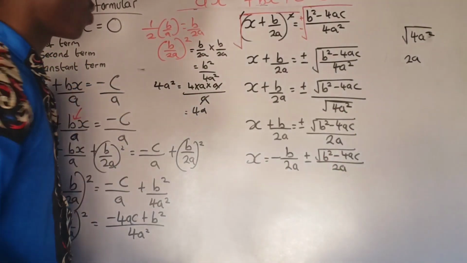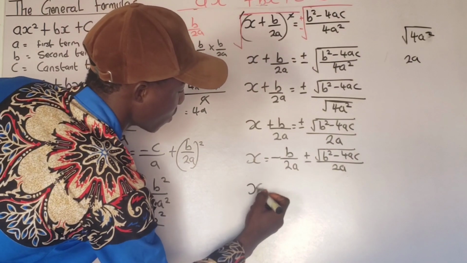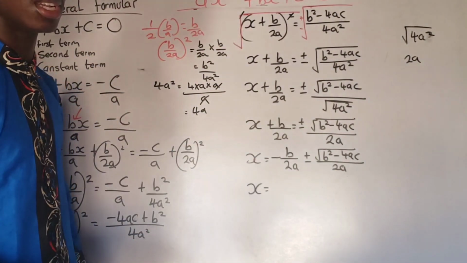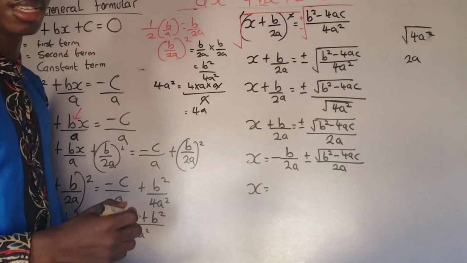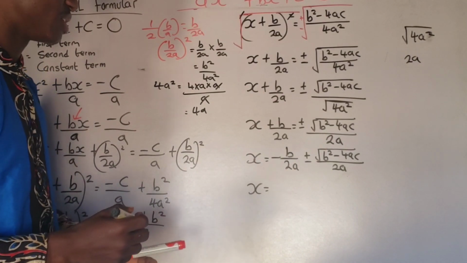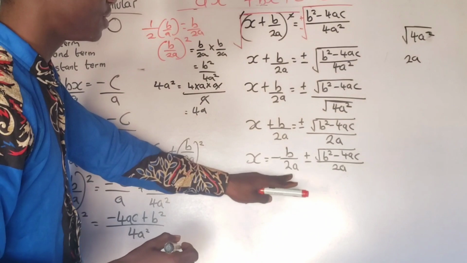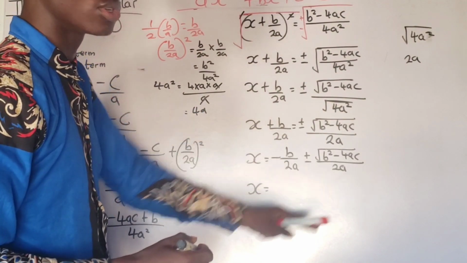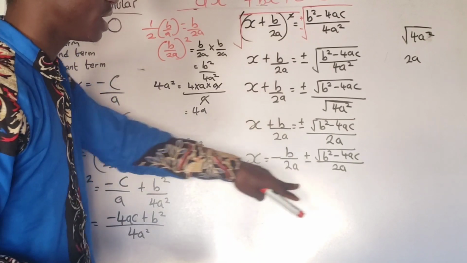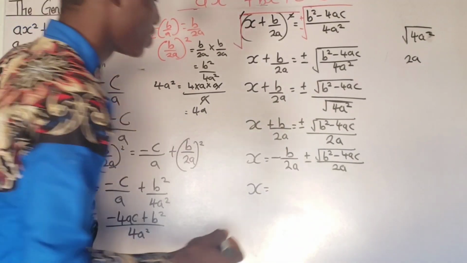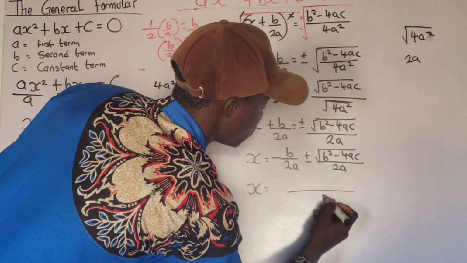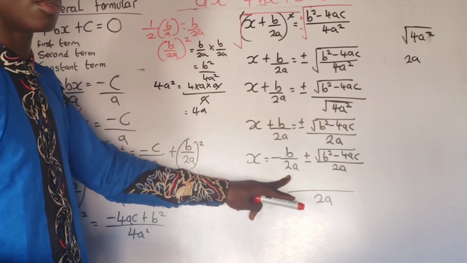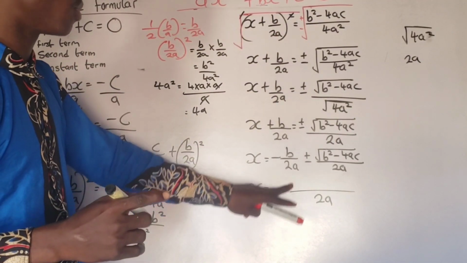So here I'm going to have x equals to, from this point we are going to take the LCM. The LCM of minus b over 2a plus or minus square root of b squared minus 4ac all over 2a is 2a, because the denominators are both 2a. 2a divided by 2a is 1. 1 times negative b is negative b.